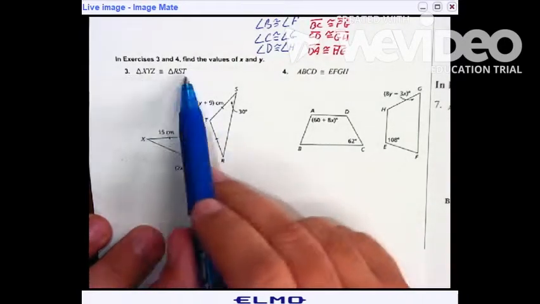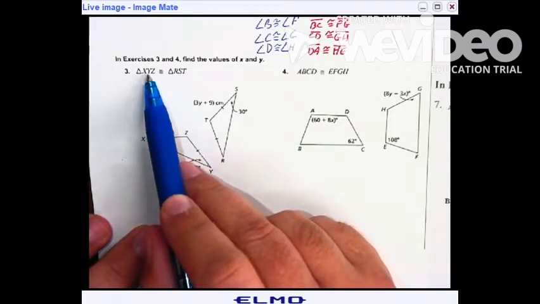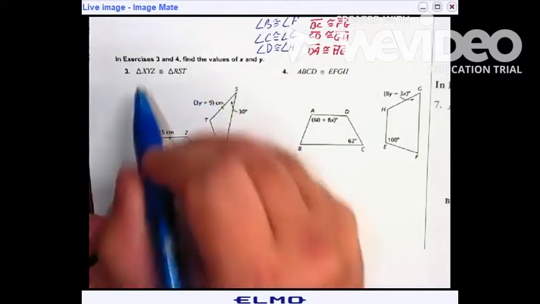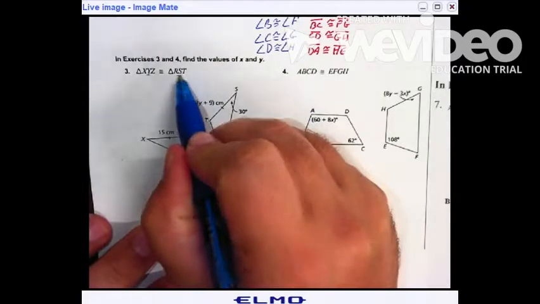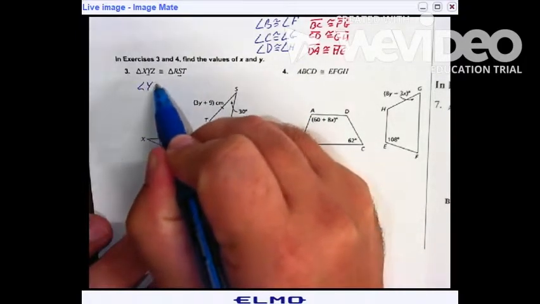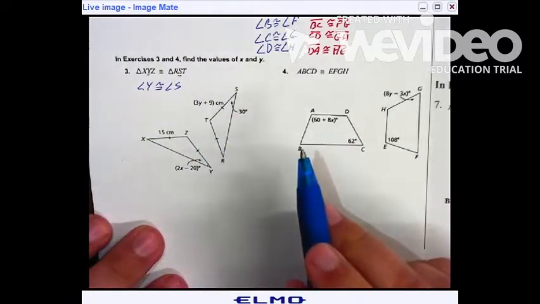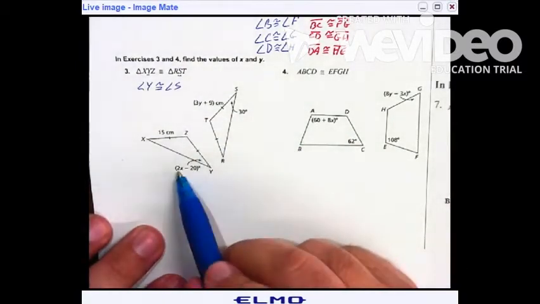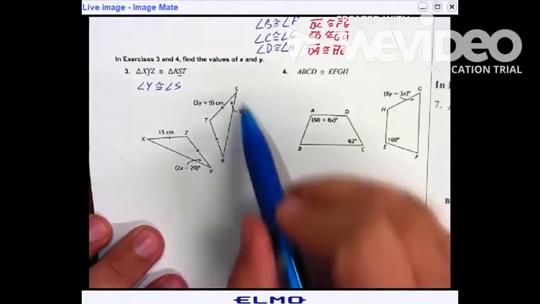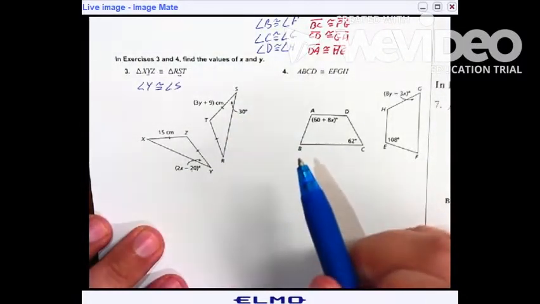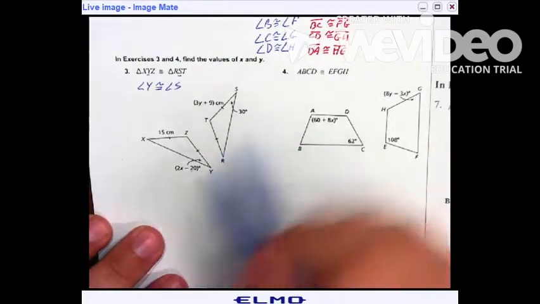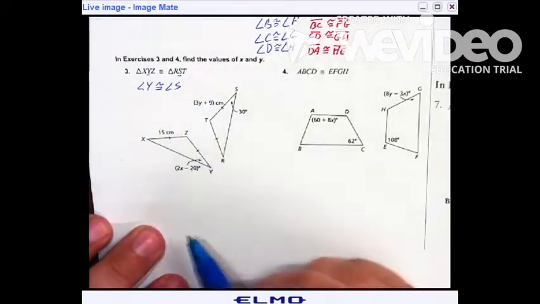However, from my congruent statement, I see y is my middle vertex and S is my middle vertex, which means that angle y is congruent to angle S. I get that from the congruent statement, which means 2x minus 20 is congruent to the 30-degree angle. And so the measures are equal. Since the angles are congruent, the measures are going to be equal.